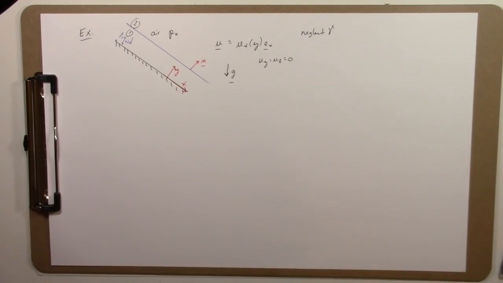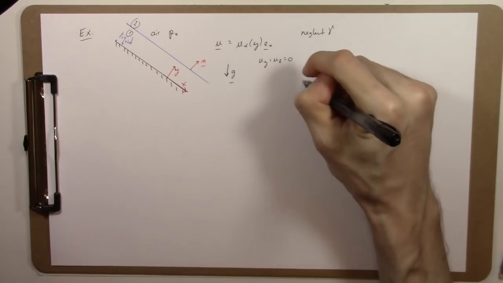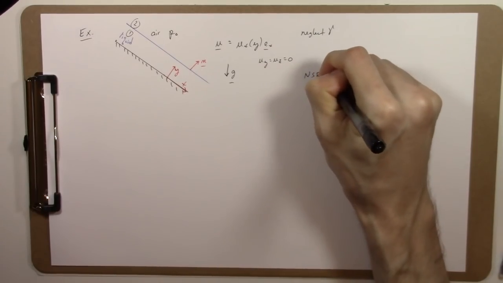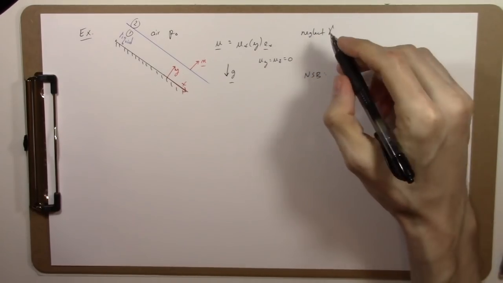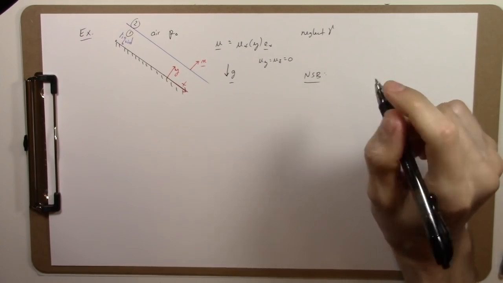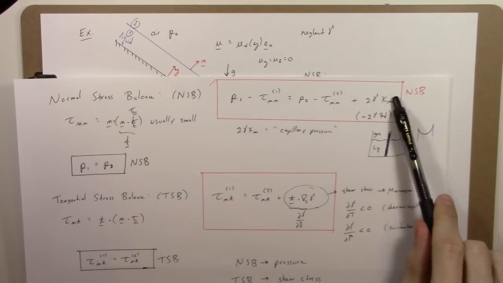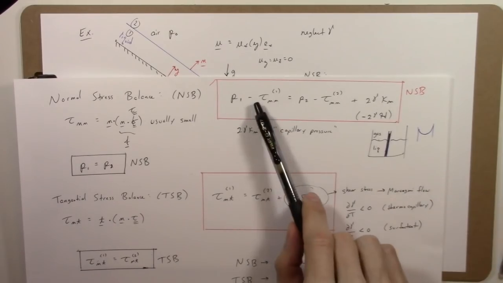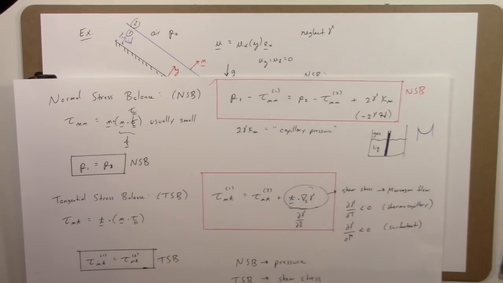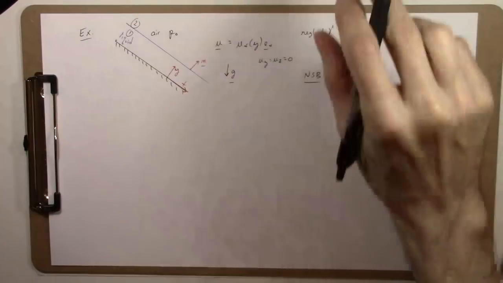So I want to say, what does a normal stress balance give us? What does a tangential stress balance give us? So the normal stress balance, if we write it out from its general statement, up here we're going to neglect the interfacial tension as we said, so we just have the pressure and the normal components of tau. I'll show you why the normal components are typically 0.